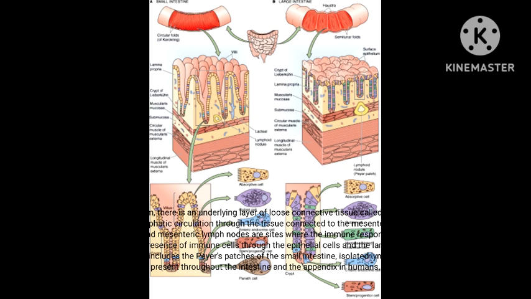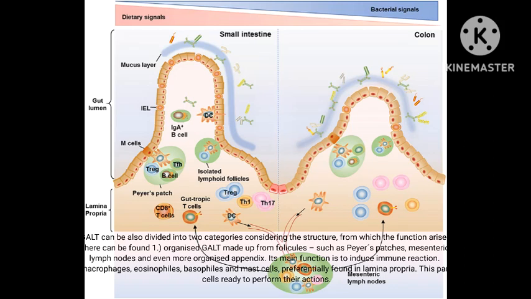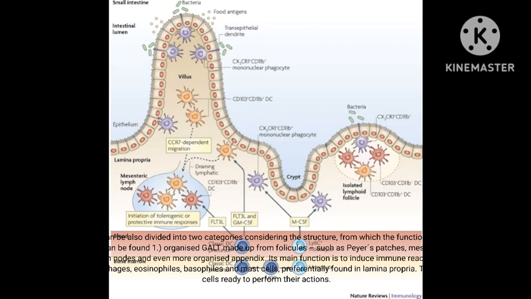The GALT also includes the Peyer's patches of the small intestine, isolated lymphoid follicles present throughout the intestine, and the appendix in humans. GALT can also be divided into 2 categories considering the structure, from which the function arises. There can be found 1. Organized GALT made up from follicles, such as Peyer's patches, mesenteric lymph nodes and even more organized appendix.